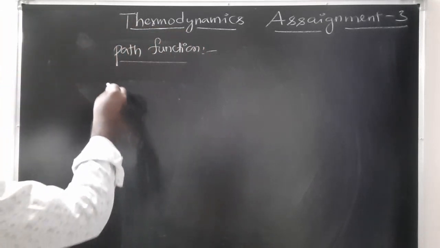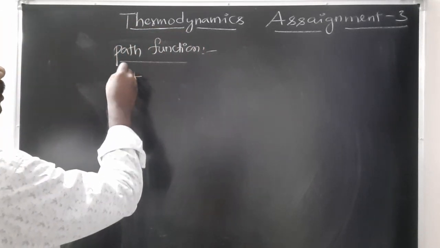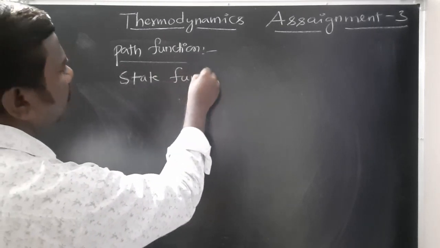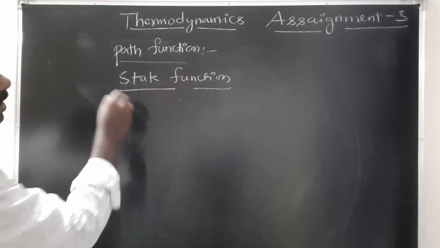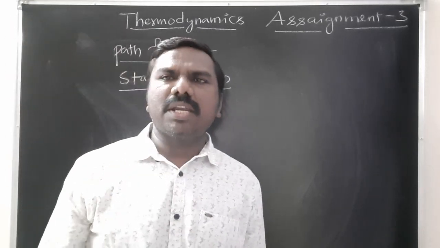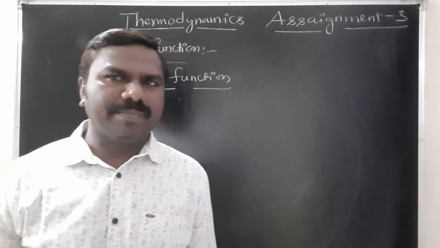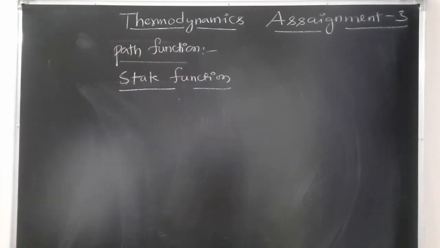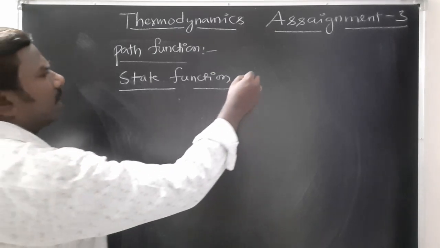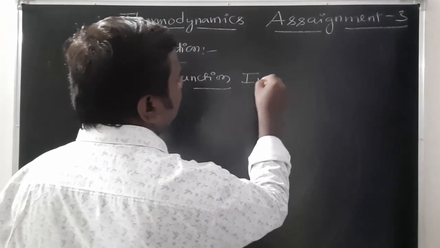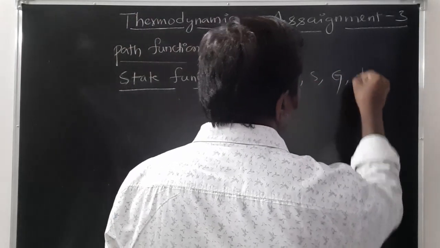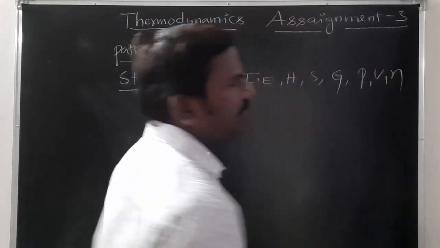Similarly, state function means the property which depends upon the initial and final states of matter present in a system. Examples of state functions are internal energy, entropy, enthalpy, Gibbs energy, pressure, volume, number of moles.